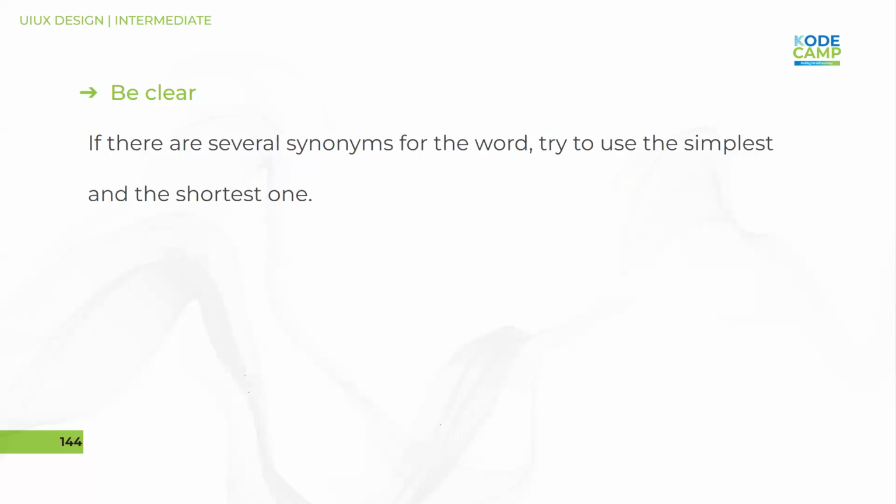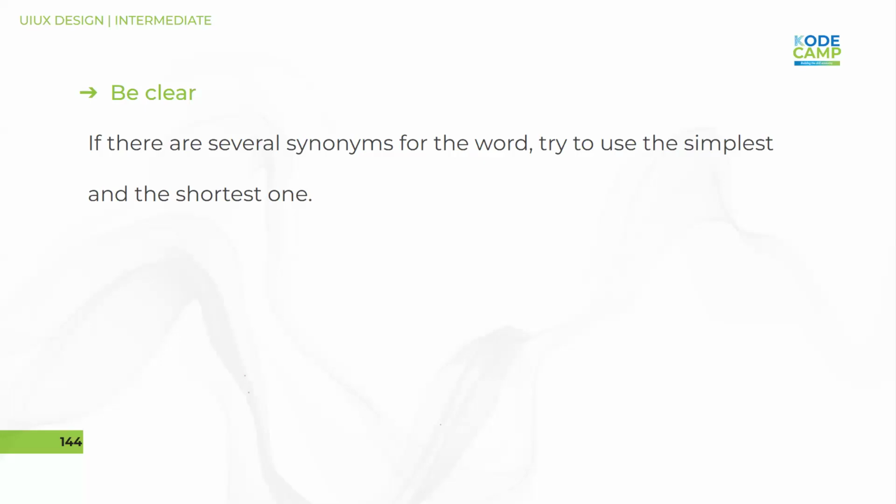And also be clear. If there are several synonyms for a word, try to use the simplest and shortest one. Don't try to show users that you are an English guru, that you know English well and know synonyms, using heavy words where I can just use a simple word.